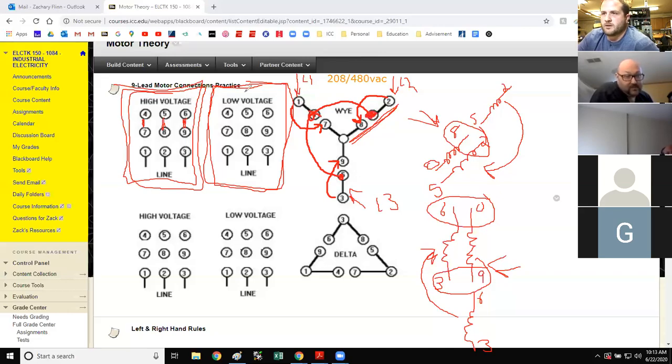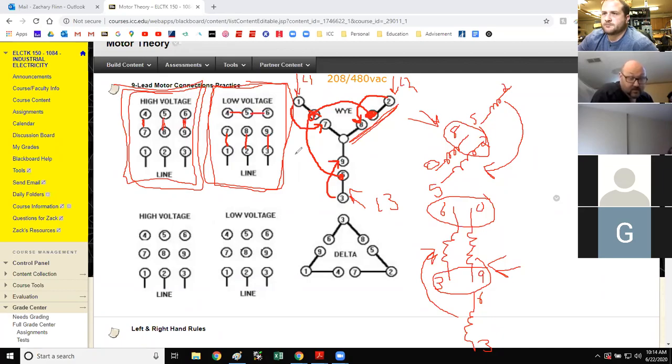So on the nameplate, what it would look like is 1 to 7, 2 to 8, 3 to 9, and then 4, 5, and 6 tie together.